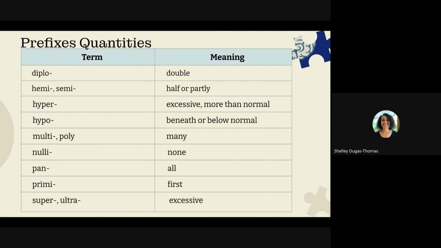A woman pregnant for the very first time is a primigravida. Someone who has never given birth to a viable infant is nulliparous. Pan, a pandemic affects an entire global population. Pancytopenia means a critical reduction in all cellular elements of the blood.